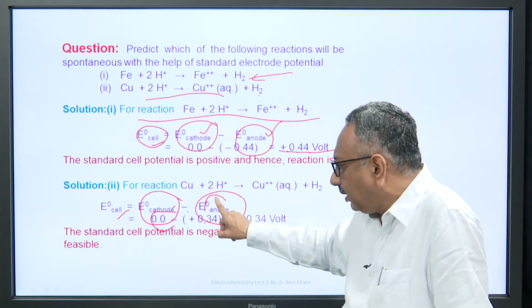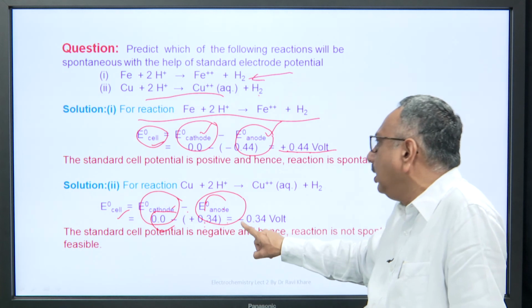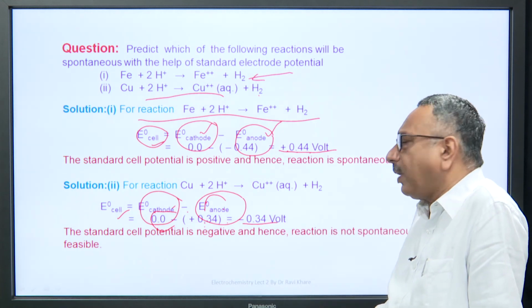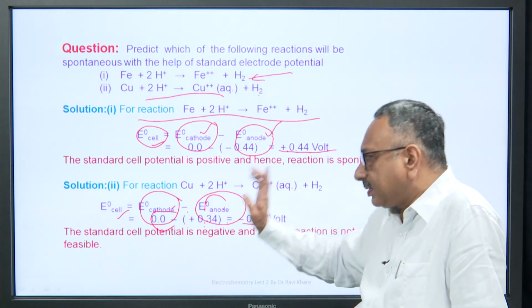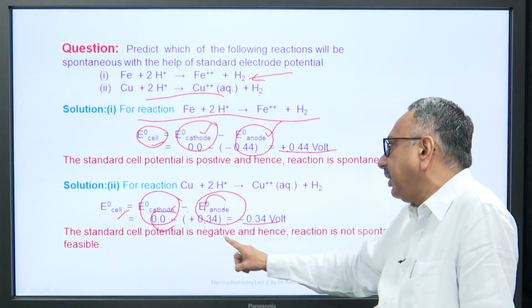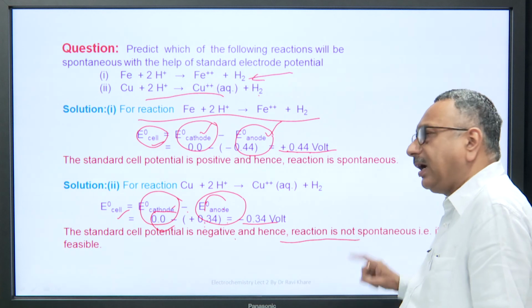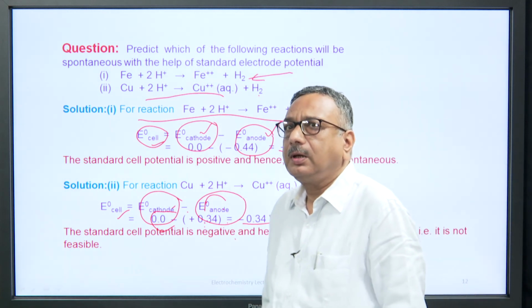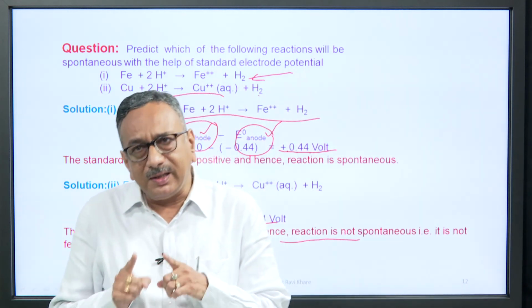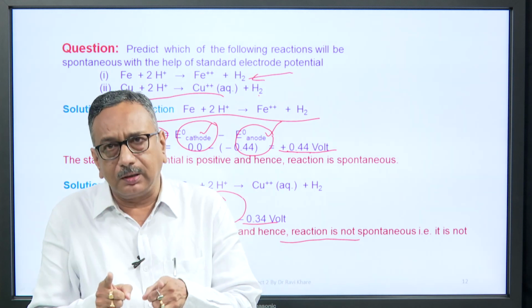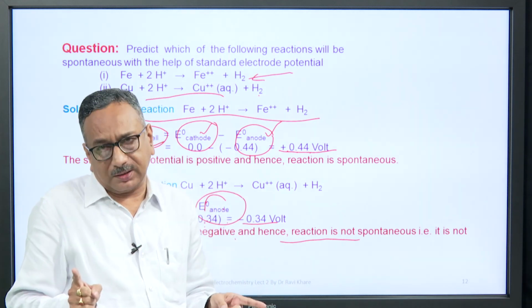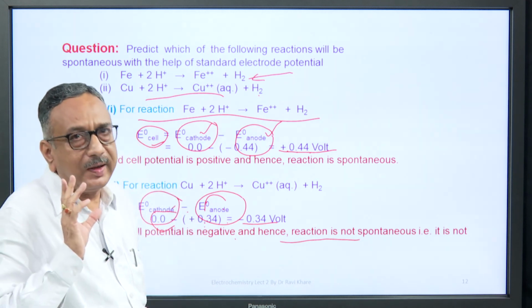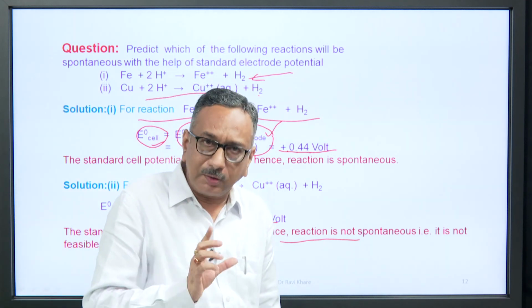When you put the value in this equation, you will get minus 0.34 volt. A negative value is there. Since the standard cell potential is negative, the reaction is not spontaneous, that is, it is not feasible, which means this reaction will not take place.